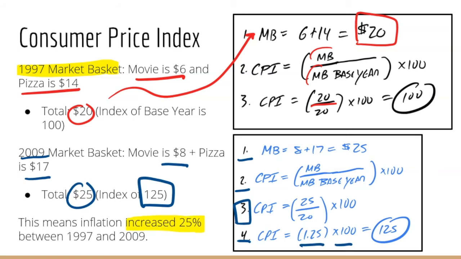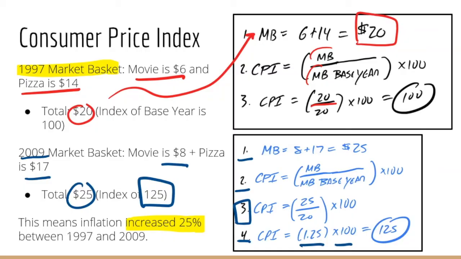That index number 125 does not mean that inflation rose or prices rose by 125%. The reason we calculate the index number is to compare it to the base year index number, which is always going to be 100. So for 2009, instead of 125, let's say the index was 150. That means from 1997 to 2009, prices rose, inflation rose by 50%.